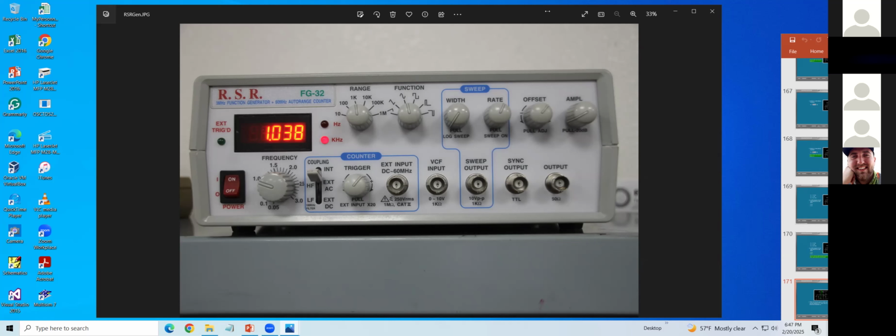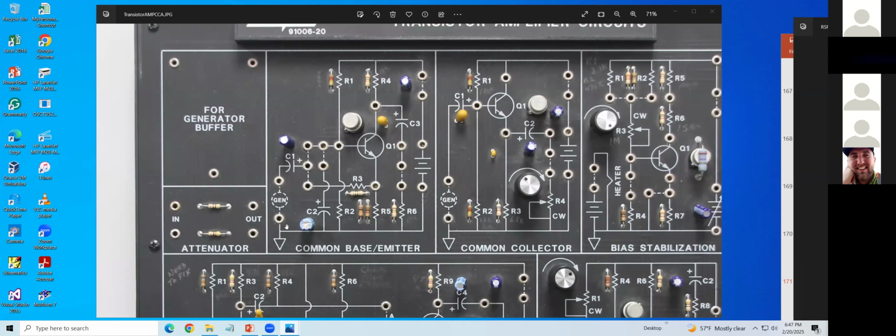Now, another one. On this circuitry they want 300 millivolt, so 300 or 200 millivolt is too small.